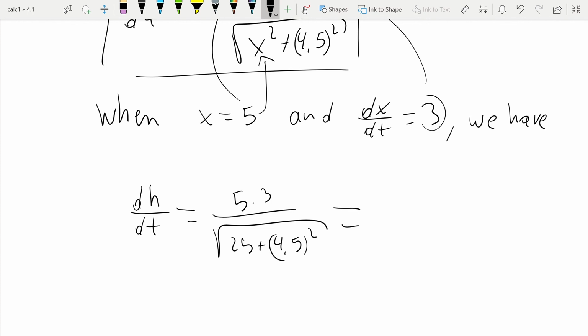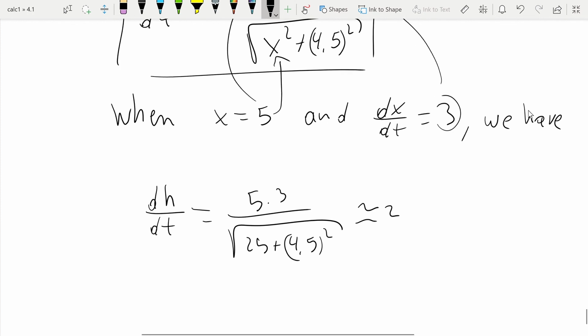And if you use a calculator, this is 15 on the top, divided by this square root, which is approximately 2.23 meters per second. And that is your final answer.